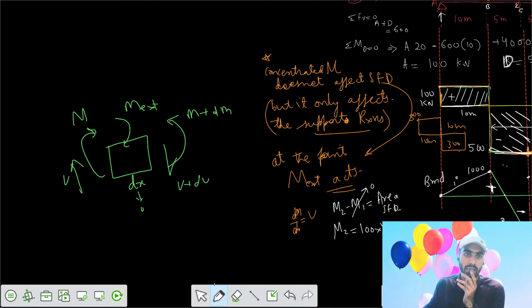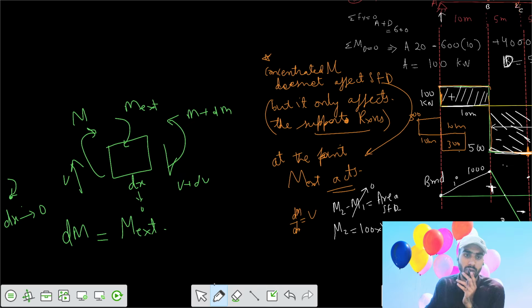Then we derived that the change in moment between the 2 points, since dx is tending to 0, which is the case for a concentrated moment because it acts at a point, dM equals M external.